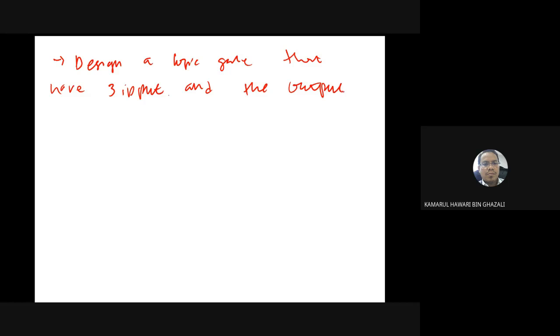For example, design a circuit that has 3 inputs, and the output is high when 2 of the inputs are low.